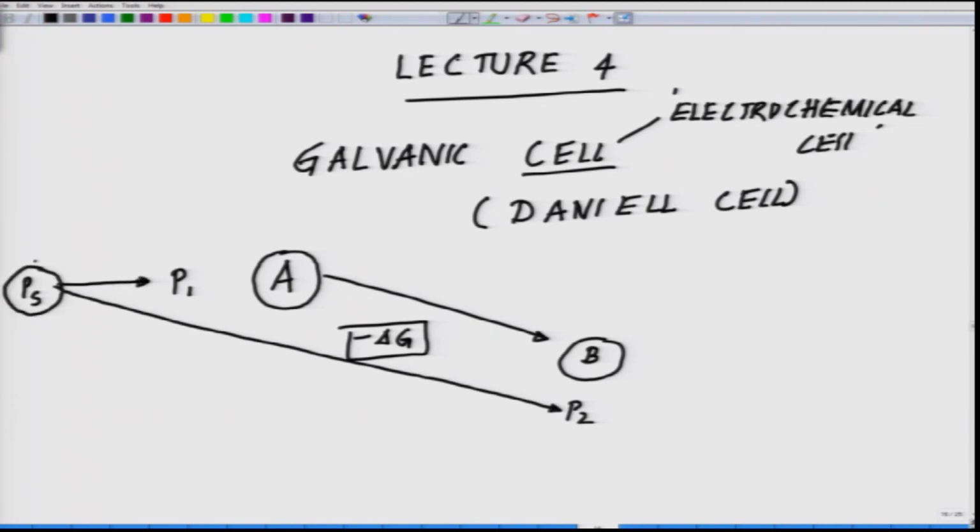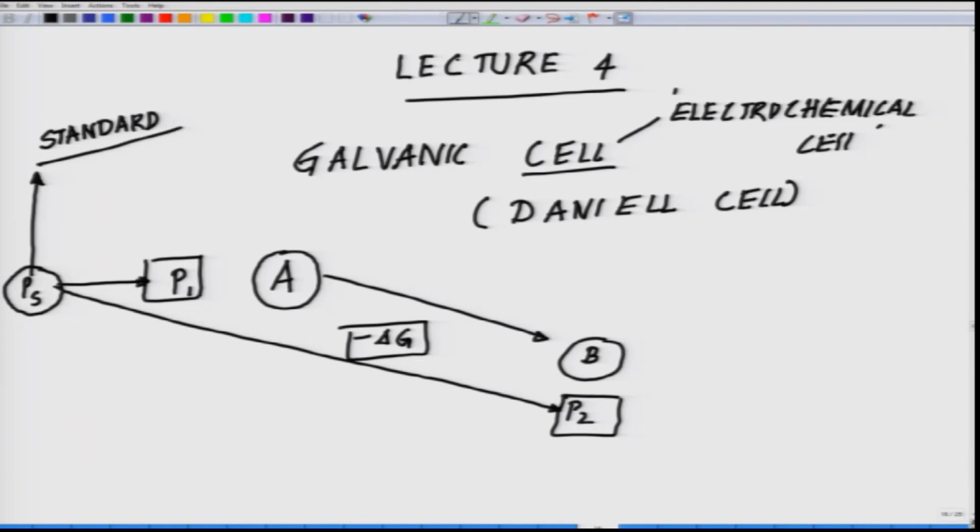So, this is that standard we are talking about. Calculating this standard is what we will be dealing with in the standard electrode potential. We will come later into that.